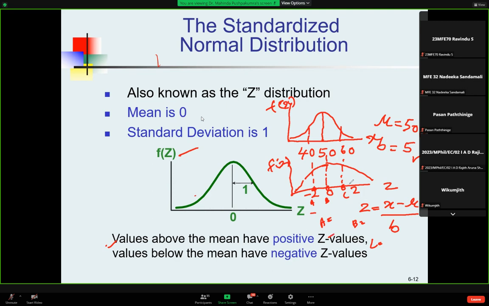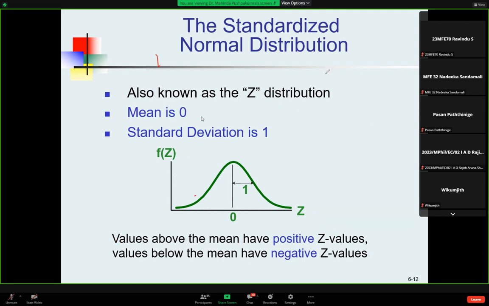Is it correct? Whose mean value is 50. Any value above 50, all Z values are plus. Any value below the mean, Z values are minus. And mean value of Z is equal to 0. I hope you got the point.